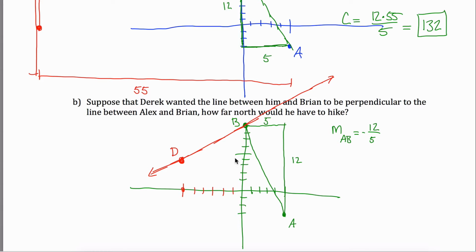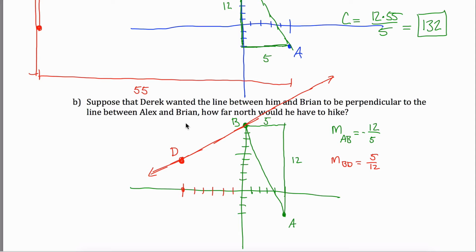So therefore, the slope of the line between Brian and Derek should be 5/12, the negative reciprocal of this slope. So every time Derek goes up by 5, he should go over by 12.